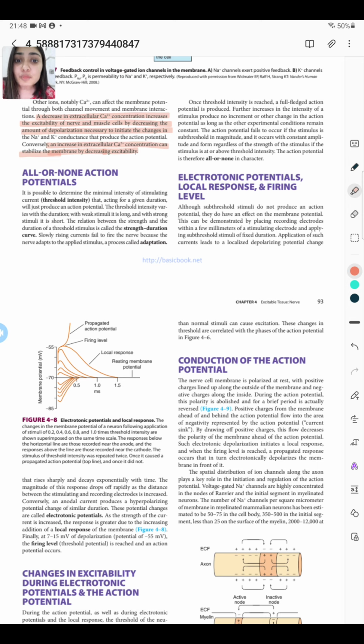And the action potential is therefore all or none in character. That means it requires a minimum strength for a given duration, then only will an action potential be generated. Anything above or below it won't work, right? So that's the all or none action potential.